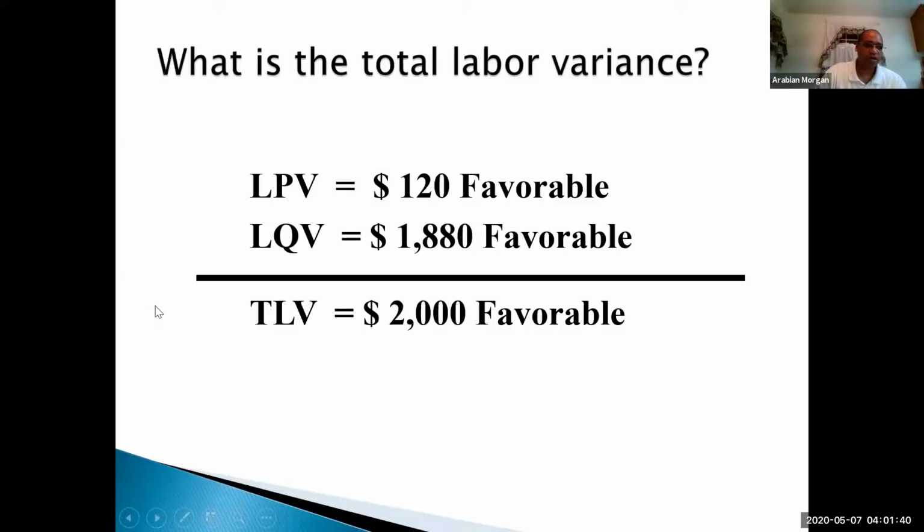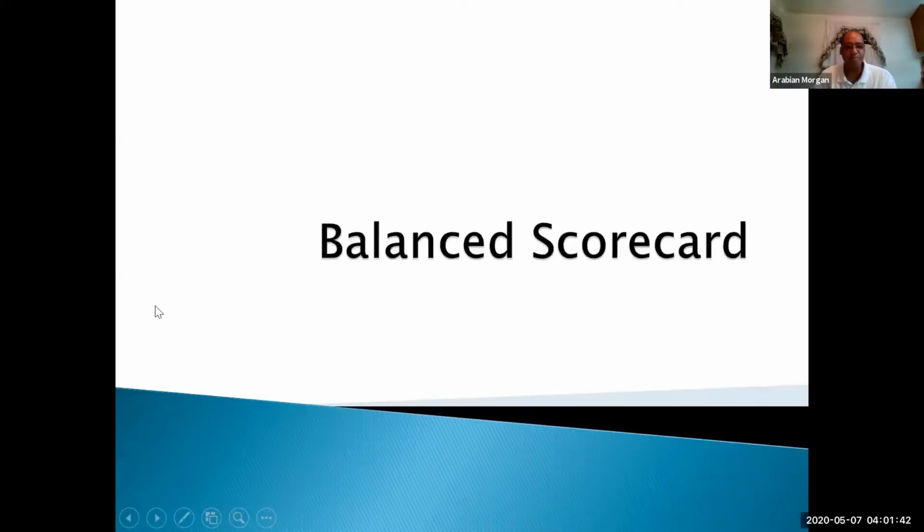I want to talk to you about something called the balanced scorecard. As you can see here, I've got these numbers 1 through 4. I believe you read a little bit about the balanced scorecard in your textbook preparing for today's lesson. But the balanced scorecard essentially says, in order for a company to be successful, it needs to look at more than just the financial performance of the company, okay?